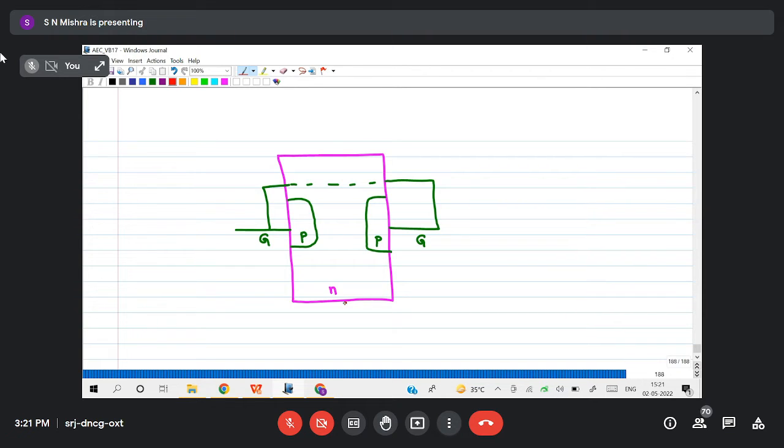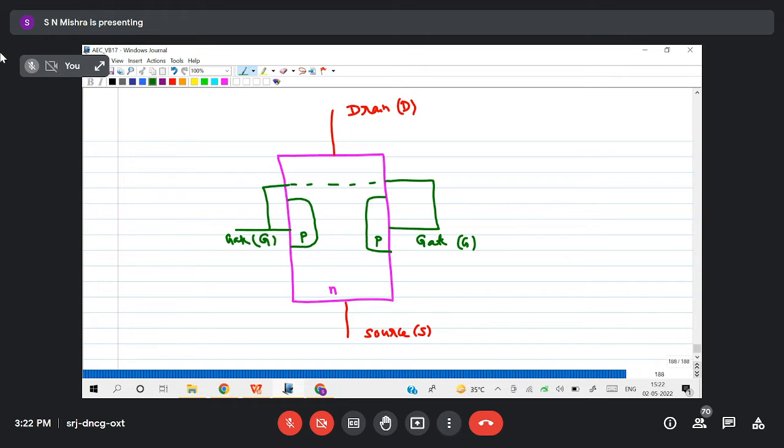Now this is one terminal, this is the other terminal. So this is your drain as D, and this is your source as S, and this is your gate as G, right? So this is the structure. First you take one semiconductor, then on two sides opposite type material will be doped, which are the gates. Vertically, the two ends are drain and source.